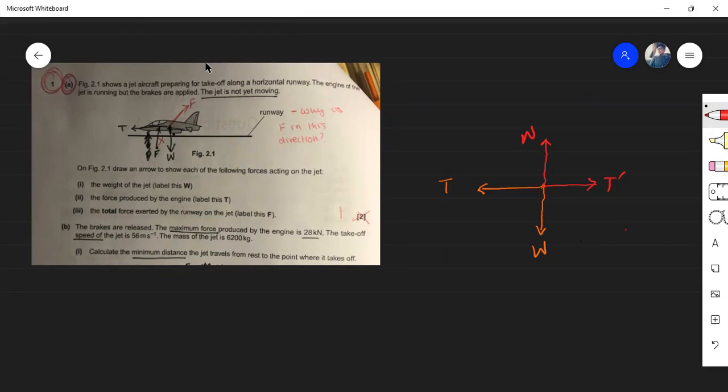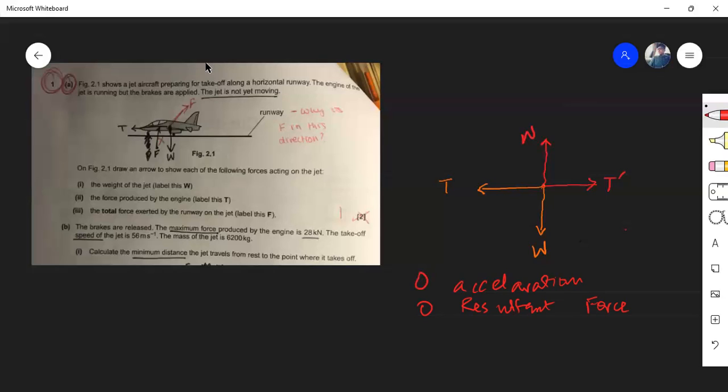Yeah, so that would mean that there's an acceleration in the direction of T, but it actually says that the jet is not yet moving, which means that the jet is stationary and has zero acceleration, which means zero resultant force. So everything on the horizontal plane cancels out each other.